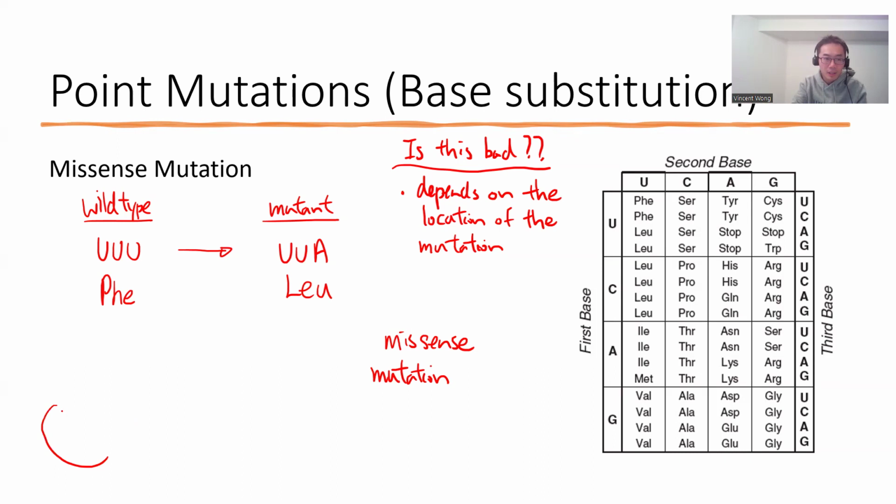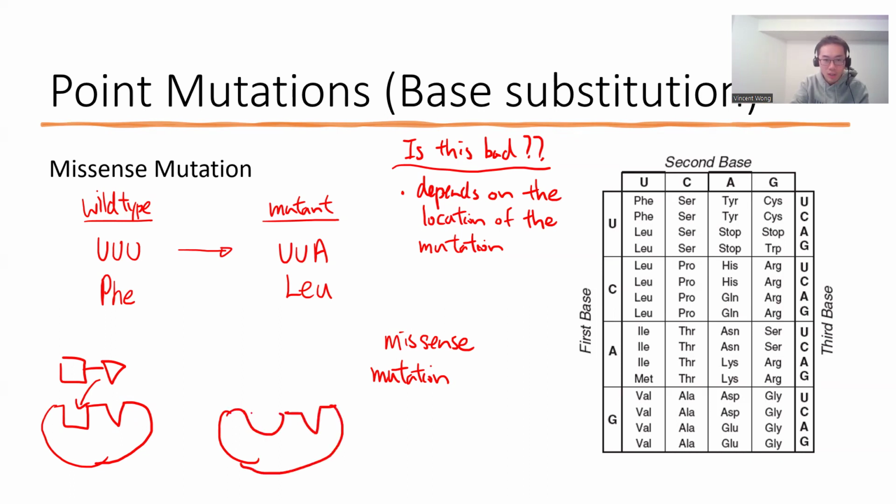Let me try to redraw this for you. Remember the enzyme: that's going to be the substrate, and it's going to fit into the active site. But if the mutation happens in the active site and it changes shape to this, then it will no longer fit. The square won't fit anymore, and the whole enzyme is useless. So that could be bad. But if the mutation is elsewhere, not on the active site, in a part that's not too significant, then maybe it's okay. So it depends on the location.